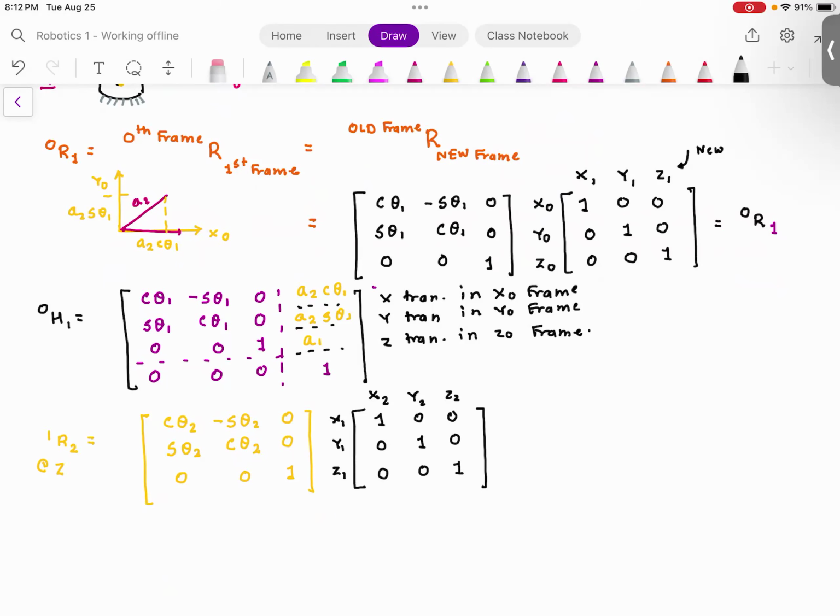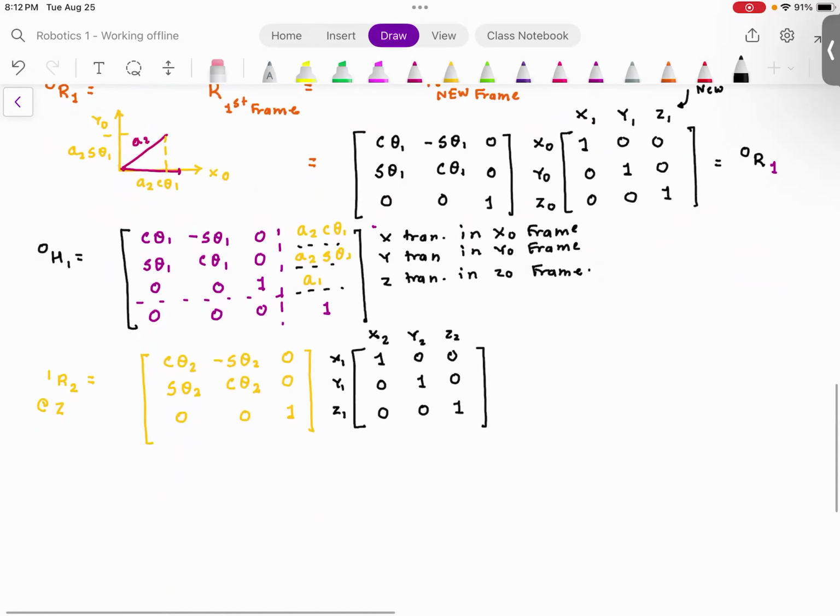Everyone agrees? Now I have to construct the homogeneous transformation. Constructing homogeneous transformation is no big deal. This homogeneous transformation would be 1h2. And this homogeneous transformation, the first 3 by 3 matrix is going to be the rotation matrix that we derived here. So 1r2. This is the rotation matrix that needs to go here.